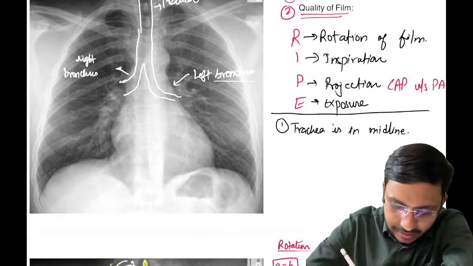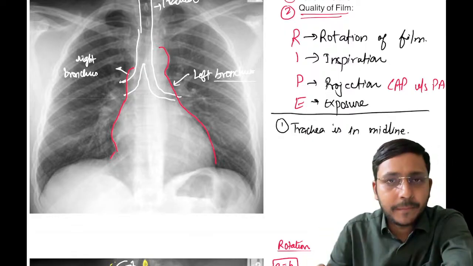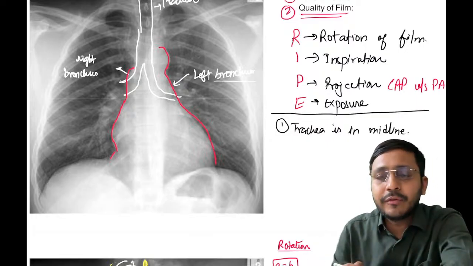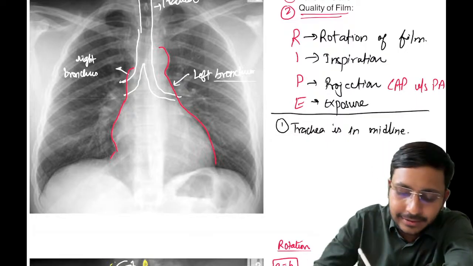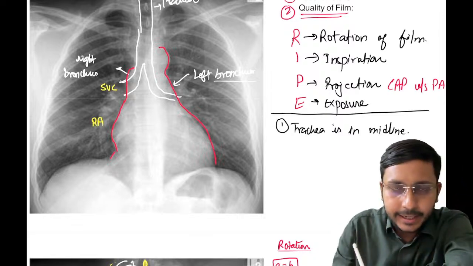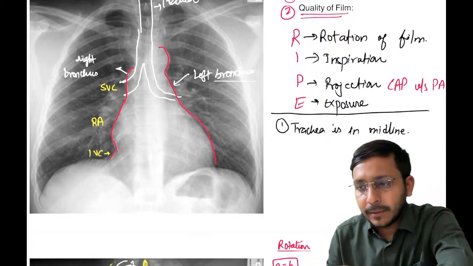Now when we see the heart shadow, this is the heart shadow on the right and on the left. Now what are the parts of the heart? Which structure forms which border of the heart? So on the right hand side, above is the SVC, then the right atrium, and lower this small part is of the IVC.